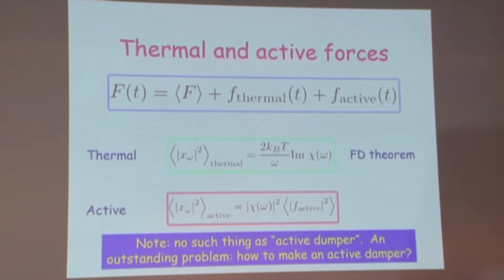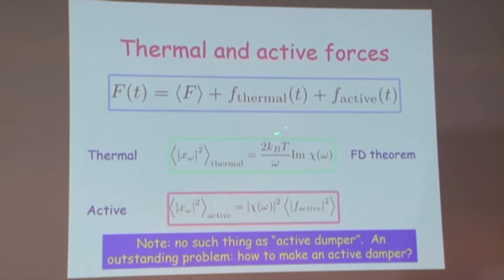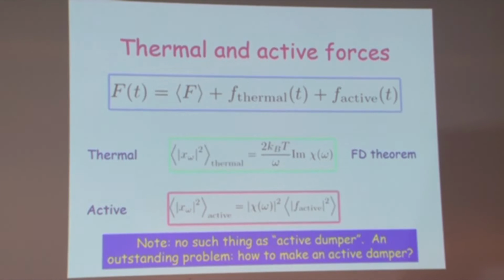It's a pompous name, but it just says that the fluctuations are proportional to temperature. And if you have active drive, then fluctuations are proportional to active drive. There is a coefficient which is the generalized susceptibility and so on.